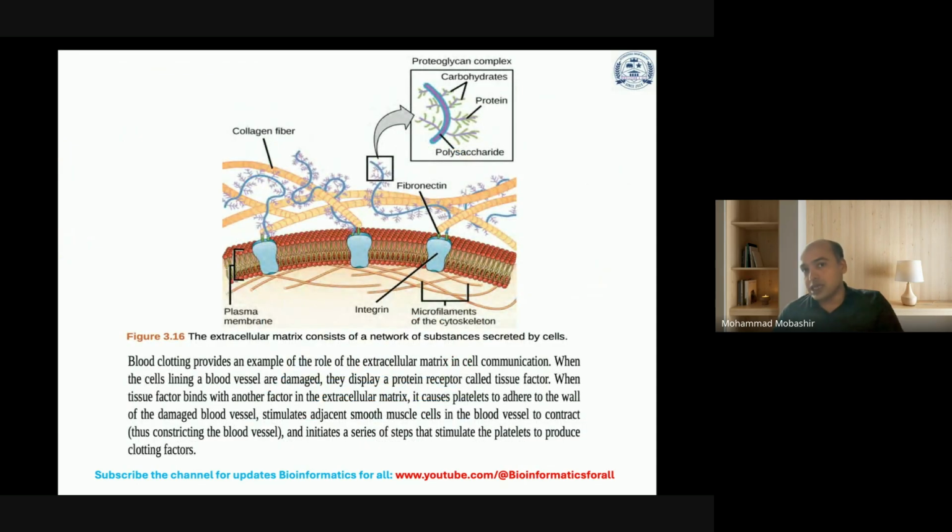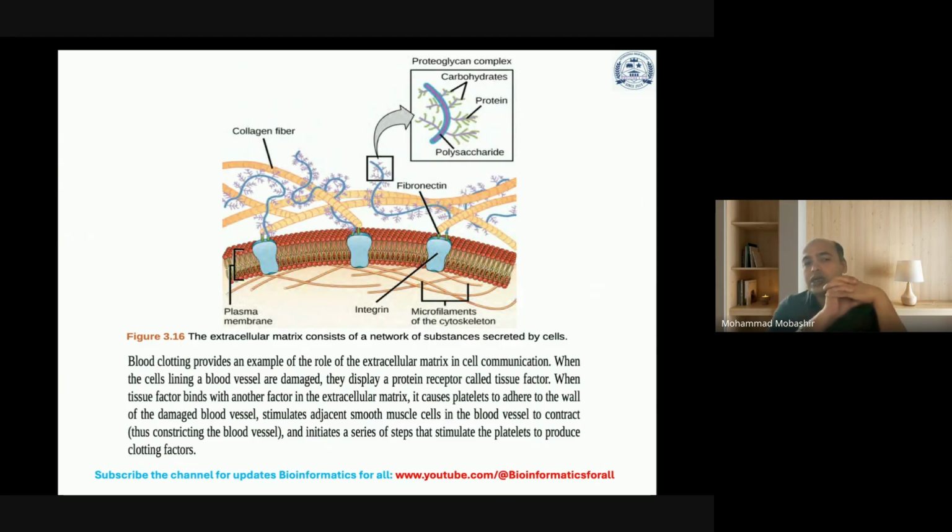And in conclusion, what I am showing here is the real extracellular matrix composition in terms of a network: substances secreted by cells, carbohydrate, protein, polysaccharides, fibronectin, collagen fiber, integrin, microfilaments of the cell. So these are the things which you might be seeing when you are trying to understand deep biology.